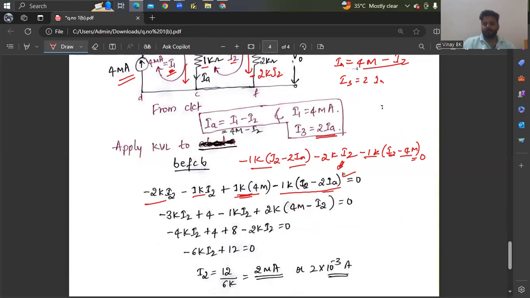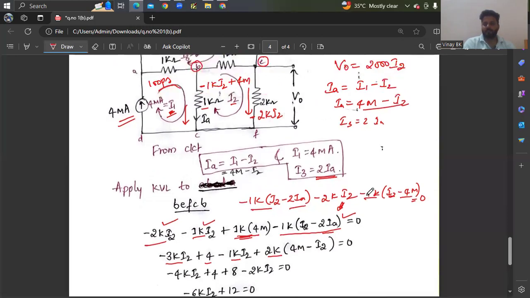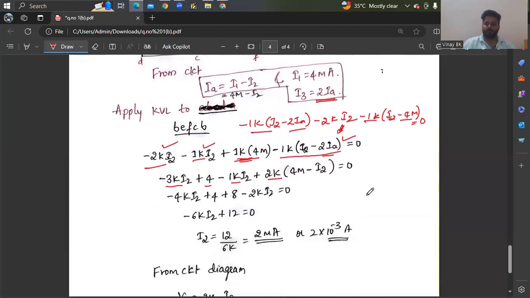So you can get minus 2 minus 1, minus 3K I2 plus 4, again minus 1K I2, plus 2K into I2 minus I1, that is nothing but I1 minus I2. IA is nothing but I1 minus I2, that is 4 milliamps minus I2. You substitute this and you can get the answer now.